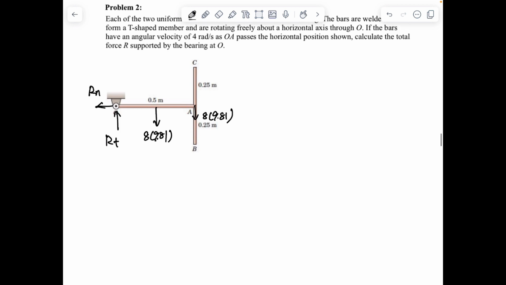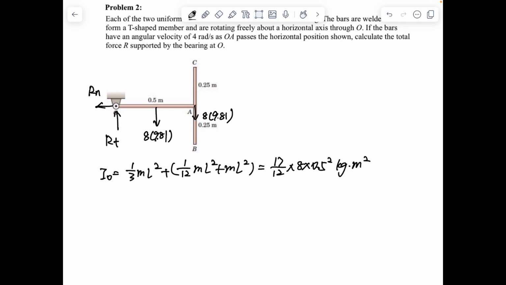First, we can calculate the moment of inertia. Then IO is equal to 1 over 3 ml squared plus 1 over 12 ml squared plus ml squared. This is equal to 17 over 12 times 8 times 0.5 square kilograms meter square.